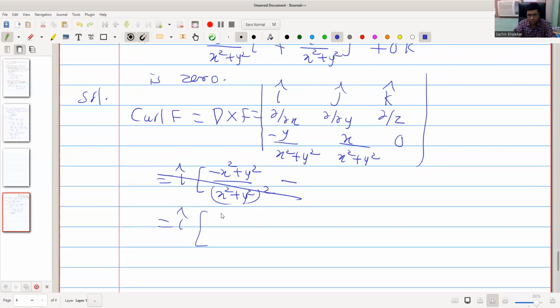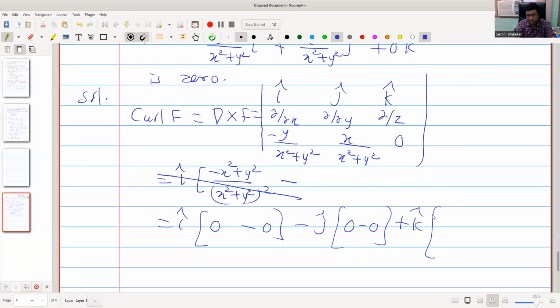So this is equal to i hat into this is 0, minus derivative of this quantity with respect to z, it is 0, minus j hat. Now I am differentiating this with respect to x, it is 0, and this with respect to z again 0, and plus k hat into derivative of this with respect to x minus derivative of this with respect to y.